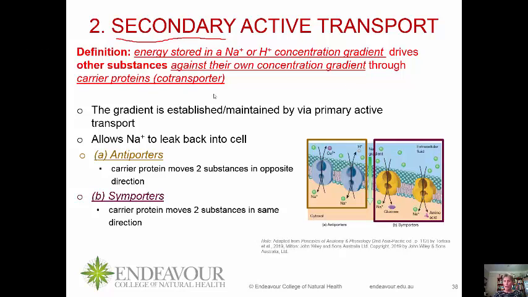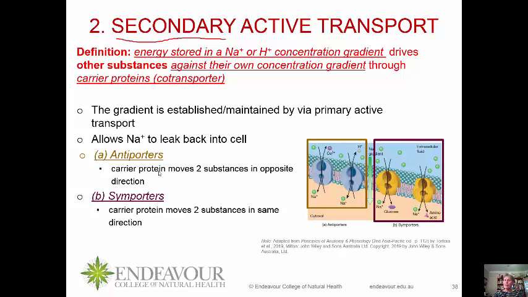They're called co-transporters. Now that gradient, the sodium or hydrogen concentration gradient, is established by the primary active transport. So when that active transport happens, it creates a concentration gradient. The energy is stored in either a sodium or a hydrogen concentration gradient. What that does is allow sodium to leak back into the cell.